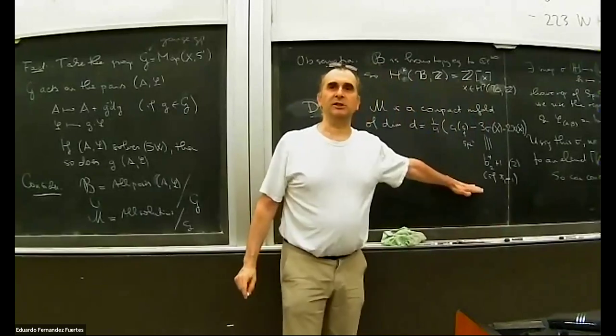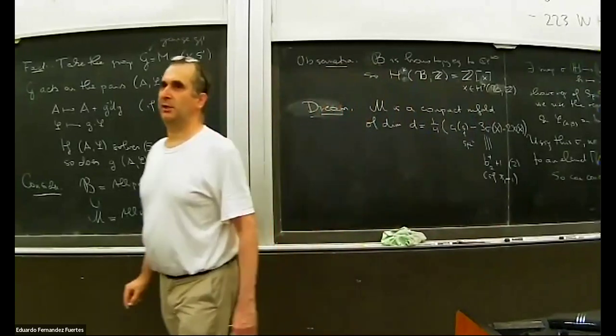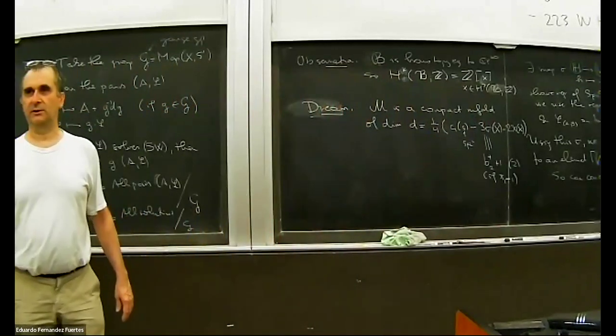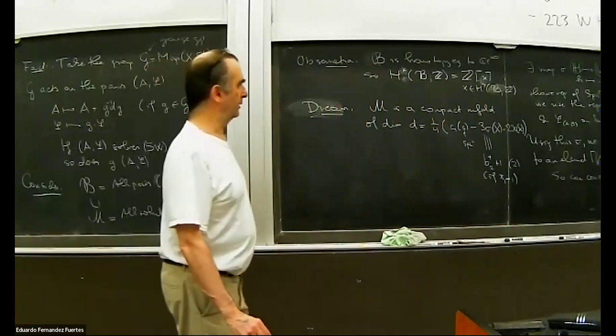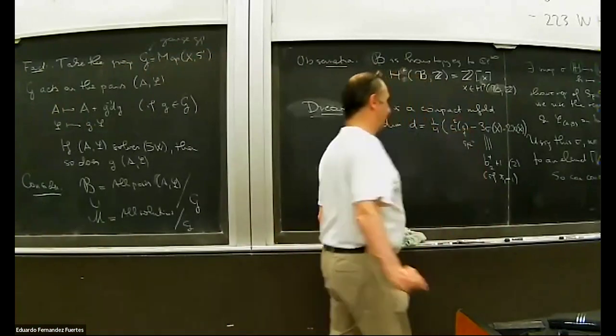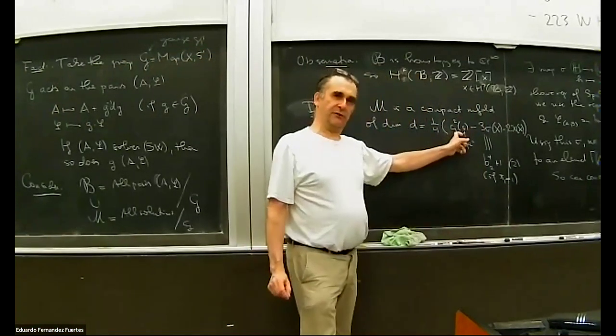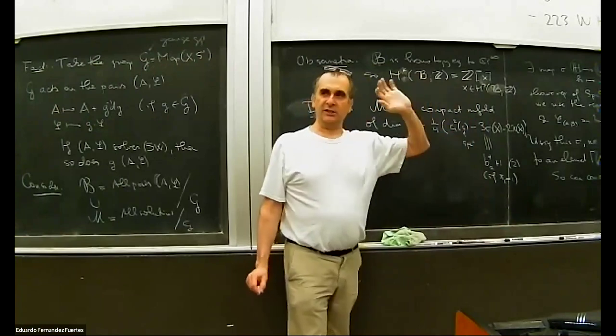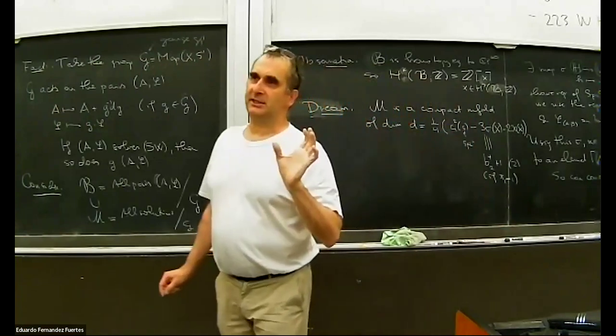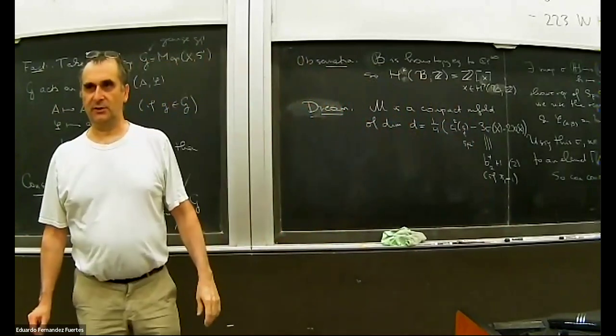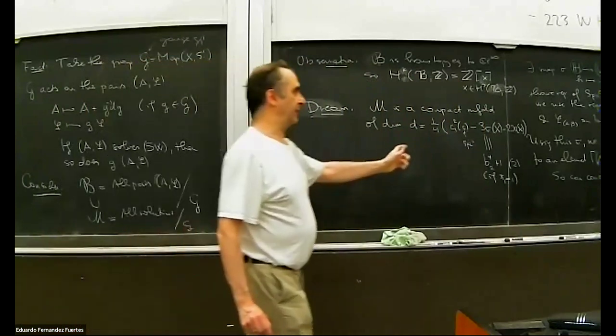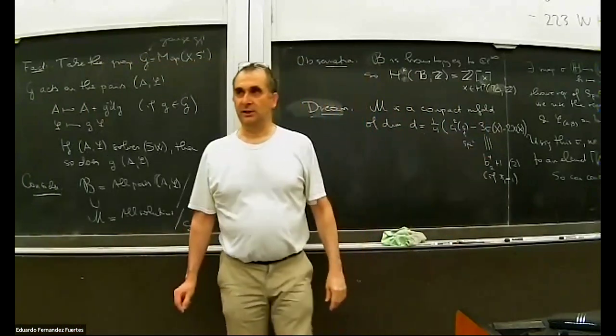We don't need pi 1 to be trivial here; b1 equals 0 would be enough. Sorry, c1 squared. This is the first Chern class. If you take the square, you can integrate it against the fundamental class of the manifold, and then you get a number, and this is just the dimension.